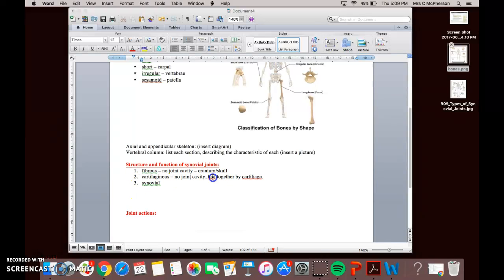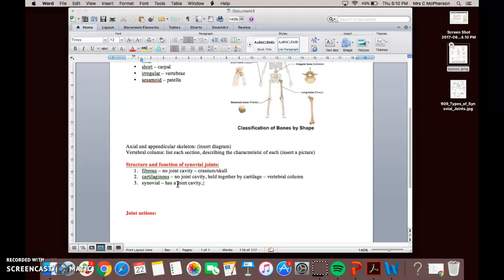Okay. So that's what we're looking at there, and we use the example vertebral column because of the little dividers there. Then synovial, this little bad boy, okay? Bones has a joint cavity and all the other stuff that went in that joint cavity, okay?